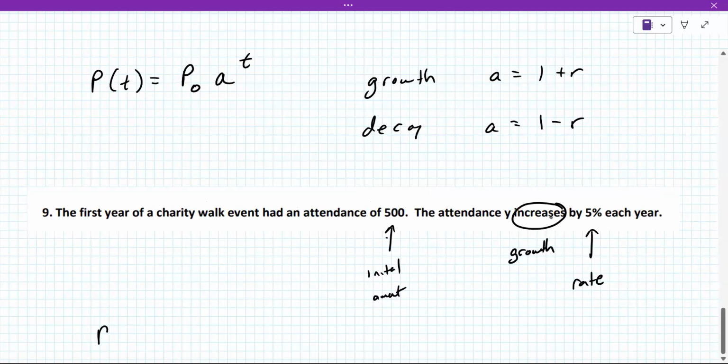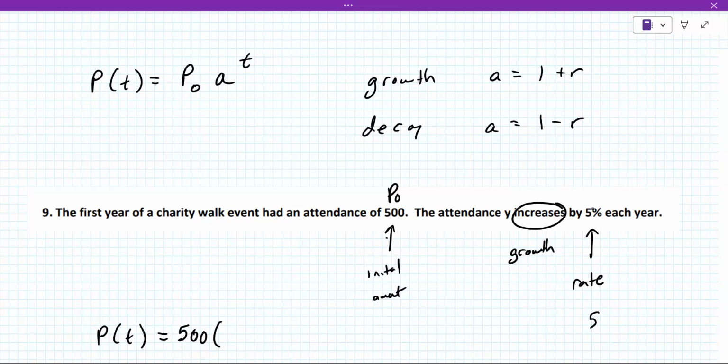Okay, so we're going to start our equation. P of t equals, this is P0, 500 is P0. A, because it's growth, is 1 plus r. Now you don't use the 5%, you have to convert 5% to a decimal. Do you remember how to do that? Yeah. Okay, what is 5% as a decimal then? I think just 0.5.